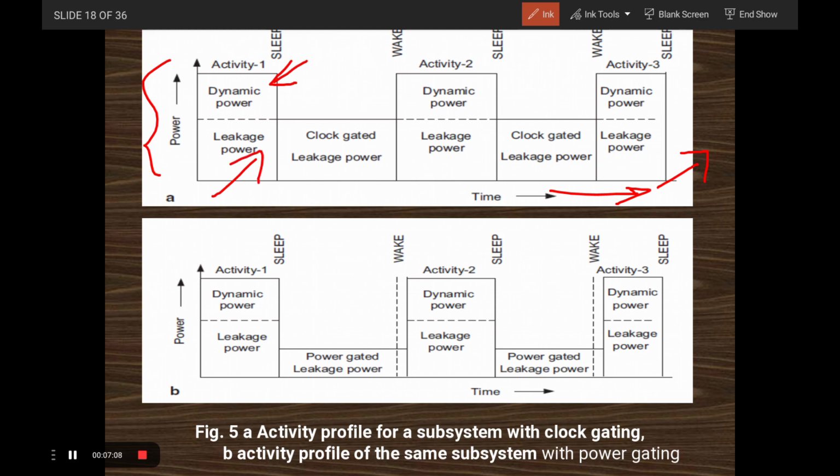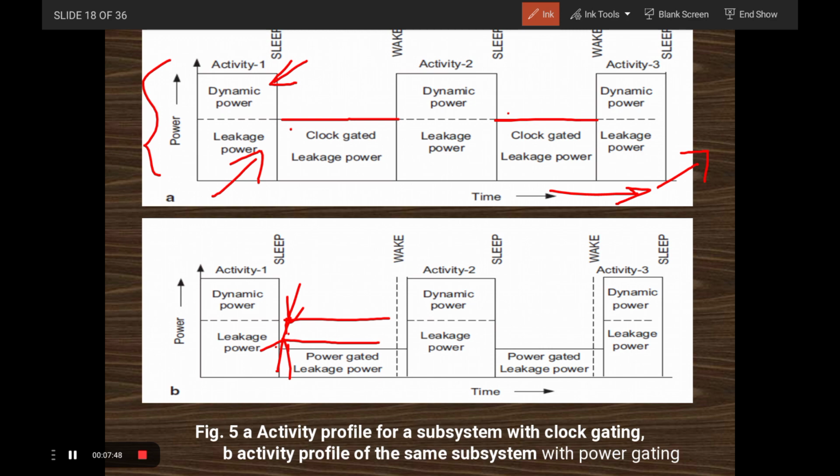If you use the clock gating concept, the leakage power decreases to some level. Suppose you apply power gating to the same circuits, we can reduce the leakage current from this level to a very small level. Compared to the previous level, the range of the leakage current decreases by using the power gated circuit.